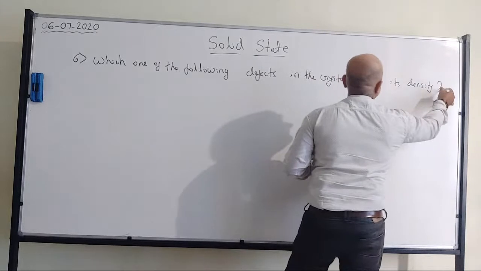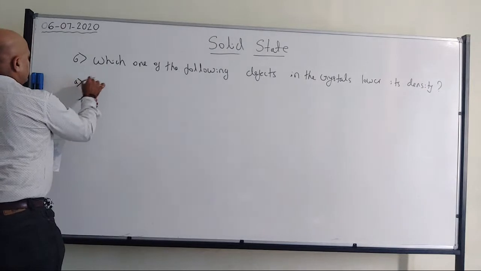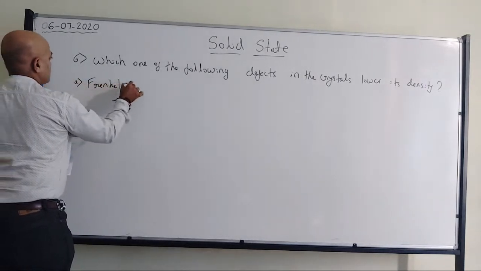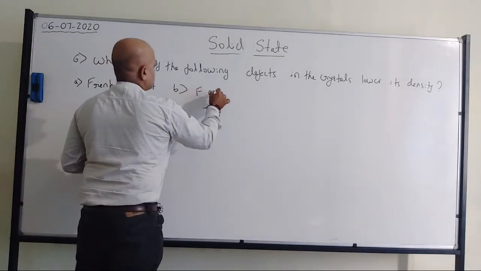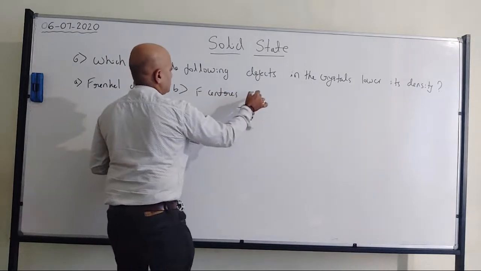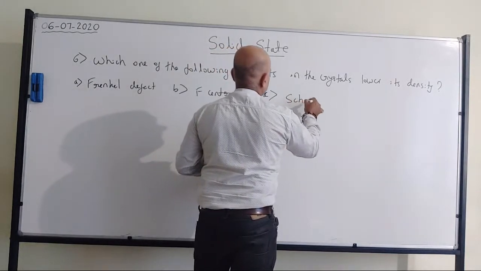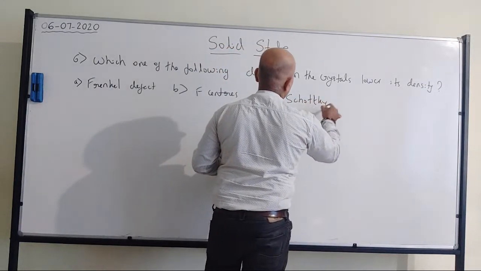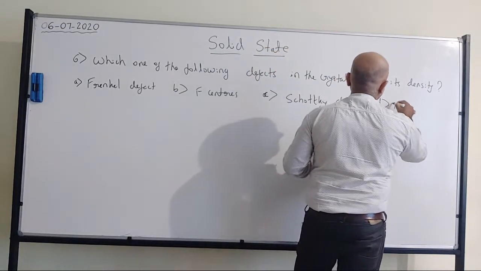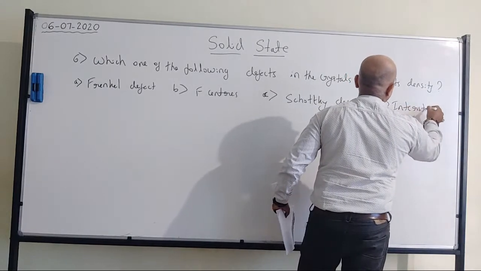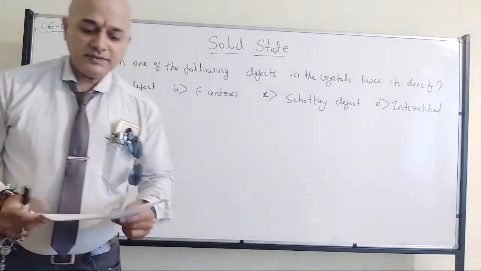A, Frenkel defect. B, F centers. C, Schottky defect. And D, interstitial defect. Anyone?